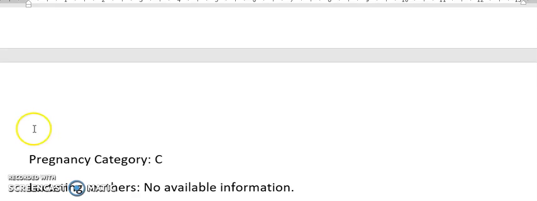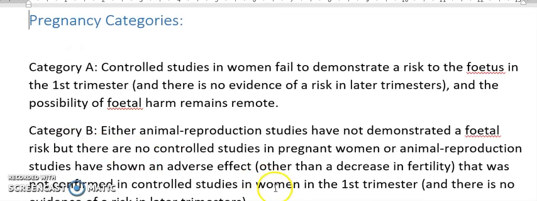That's the U.S. FDA, United States Food and Drug Administration categorization. Based on that FDA categorization for adrenaline, epinephrine, it is category C, meaning that we try not to give it, but let's revise what category C is.